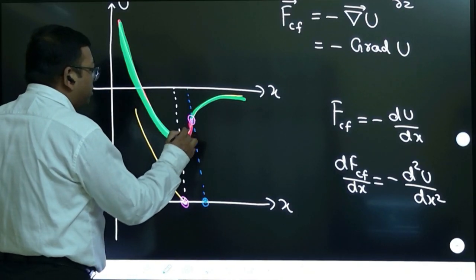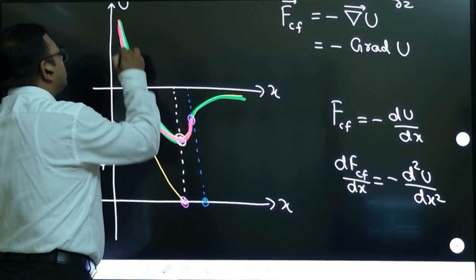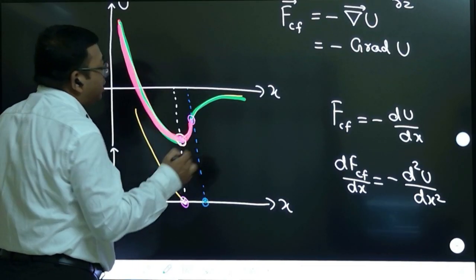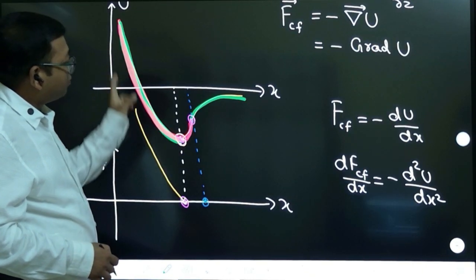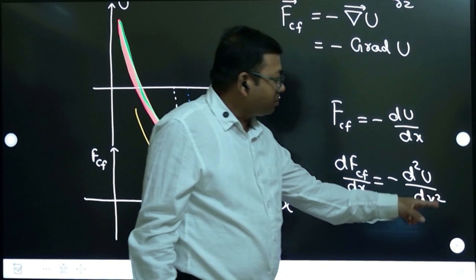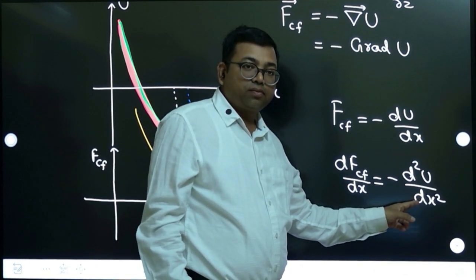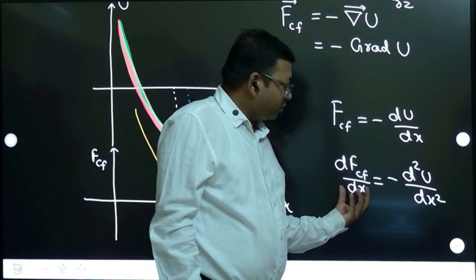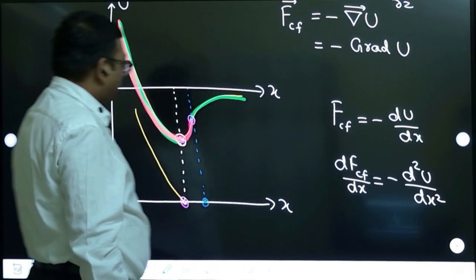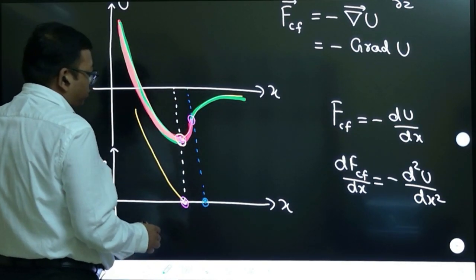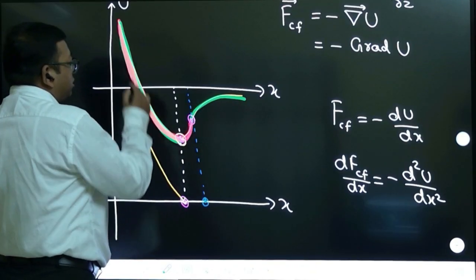This graph from here to here is a concave graph, so it is positive, and this will become negative. So the slope of the force graph is going to be negative up to this much, the concave part.